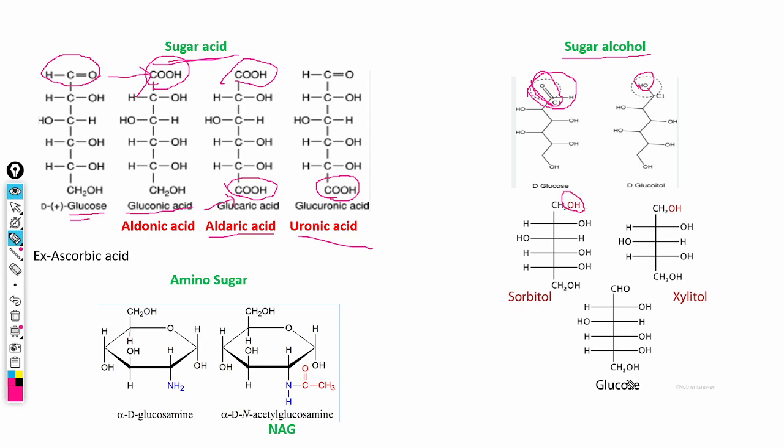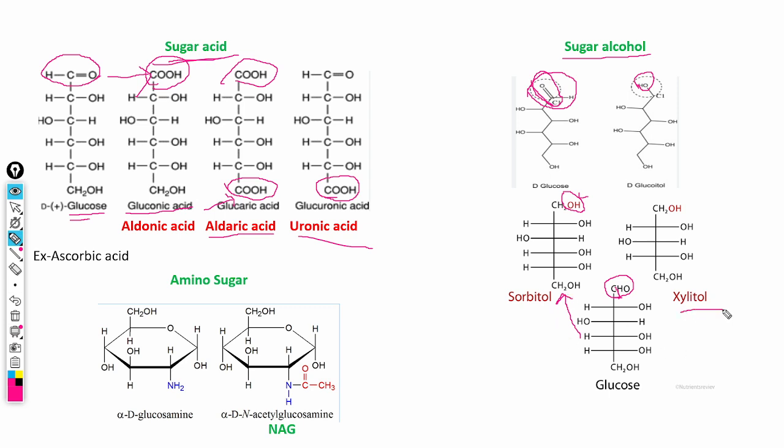So if the terminal aldehyde group or the carbonyl group is reduced and again an OH group is added, then it is called the sugar alcohol.